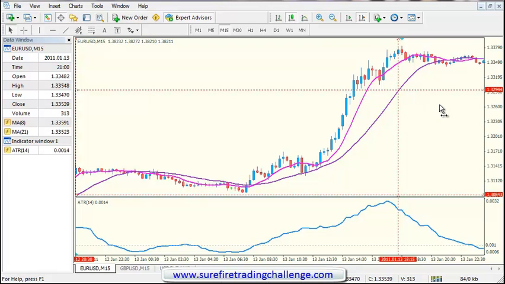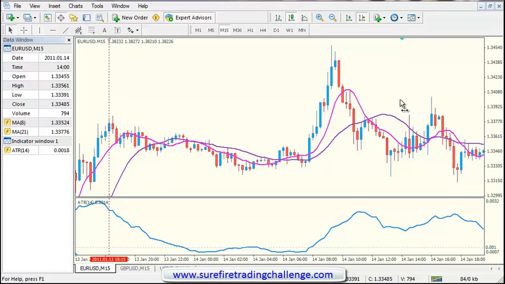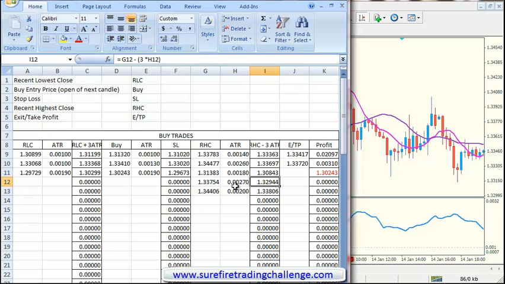So let's move on. And as you can see that we have formed another new high over here, and so we'll mark that. We'll take the closing price 1.34406 and the ATR, which is 0.0020, and we'll plot it here in our Excel sheet.